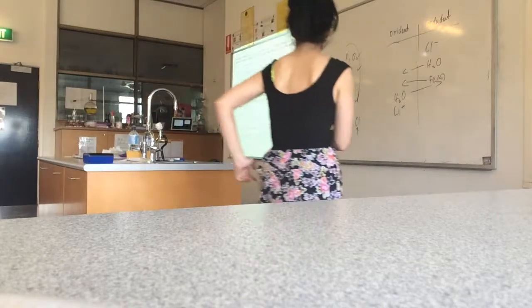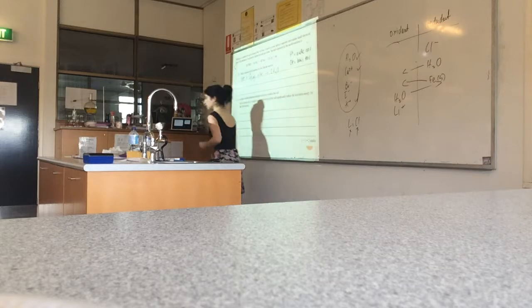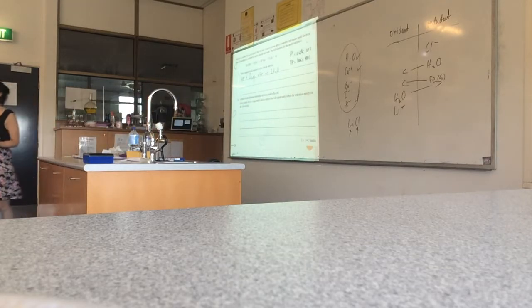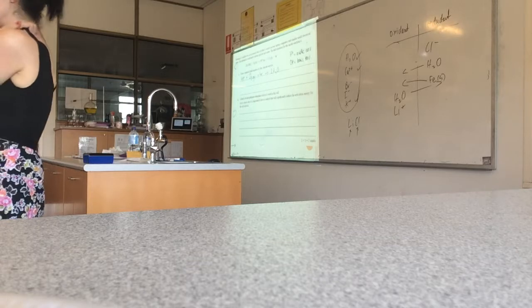Why do you think we might need to use a catalyst? We need a fast reaction. Does that work spontaneously? Like it won't just spontaneously combust? Yeah, it will. It'll just take a long time to do it. So we're just speeding up the reaction.